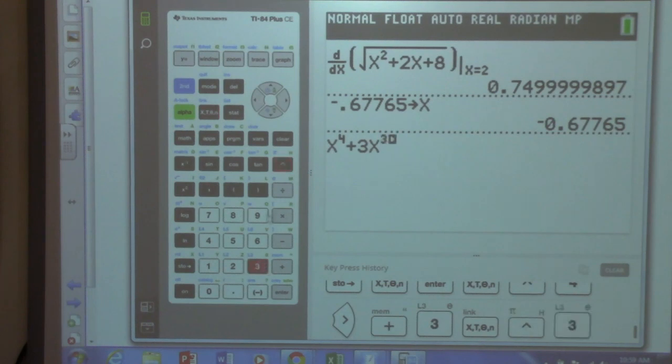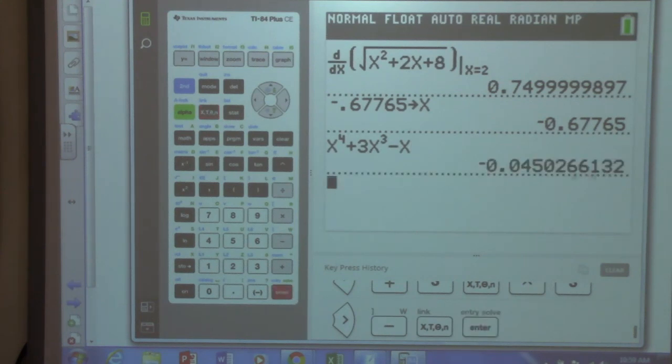Accidental matching. Completely a coincidence. So here's what we get, right? -0.6, is that what you got for that?